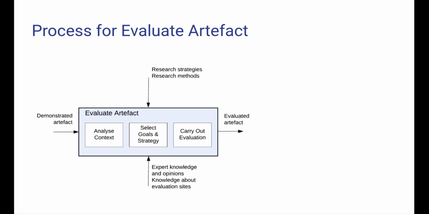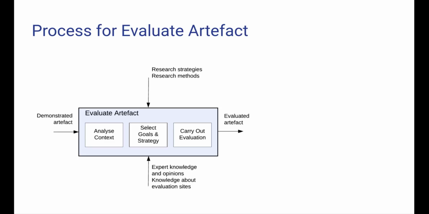The overall question to answer in an evaluation is about how well the artifact actually solves the explicated problem, and to what extent it fulfills the requirements. The process for answering this question is shown in this slide, and there are three main activities.